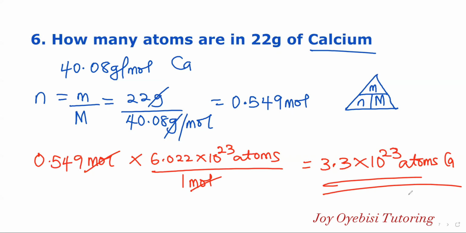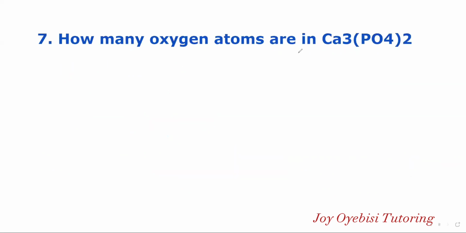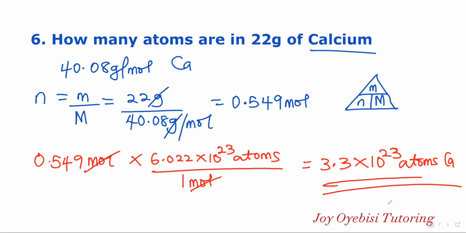Okay. Next question is this. It says, how many oxygen atoms are in calcium phosphate? This question is straightforward. I put it here because I want you to see the difference. The one we just did before said how many atoms are in 22 grams of calcium.